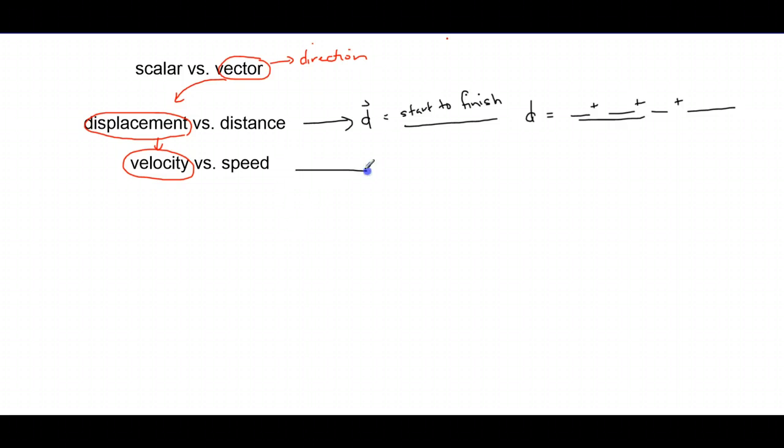Now when we're talking about velocity and speed, we learned some formulas. It's the same formula for both, so I'm just going to put it once. Velocity or speed is equal to distance or displacement divided by time. It's the same calculation for each. The only difference is that if you're talking about velocity, your final answer should have direction. That's it.